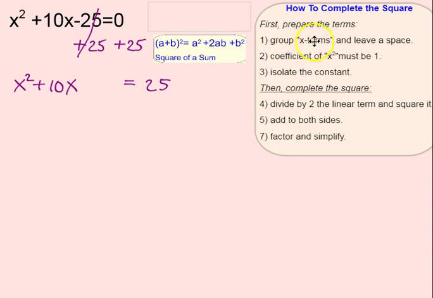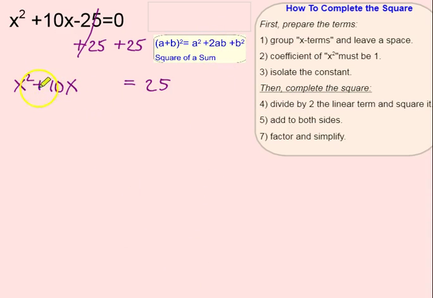So right now, I grouped the x terms and left the space. I made sure that x squared has a coefficient of 1, and I already isolated the constant that was minus 25. So I got rid of it. It's all by itself on the right side. Now we can complete the square. For that, we need to figure out who would be our b.